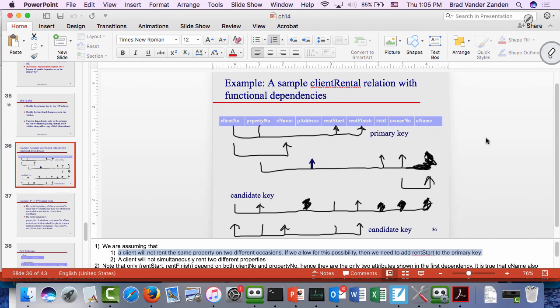So when you're going through the homework, another general rule that you want to be aware of is that, again, it's not always holding for all time, but in general, each entity by itself will be part of a candidate key.